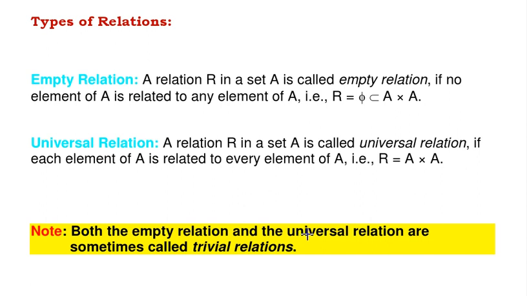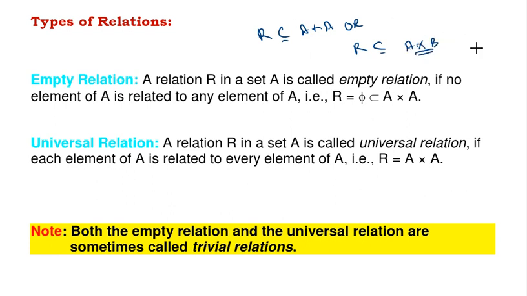Now, what are the types of relation? The least relation is the empty relation, and the universal relation is the largest relation, because a relation is a subset of A cross A, or a subset of the Cartesian product between two non-empty sets.